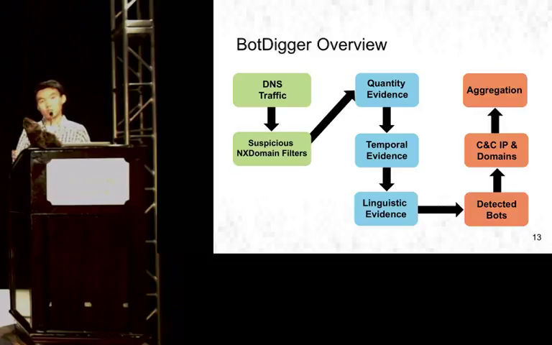We focus on NX domains because most of the DGA domains are not registered. Then this suspicious set of NX domains goes through a chain of evidences. After that, we have detected bots and a set of NX domains for DGA botnets. The final two steps are that we locate the specific CNC IP addresses and domains and do some aggregation to reduce false positives.